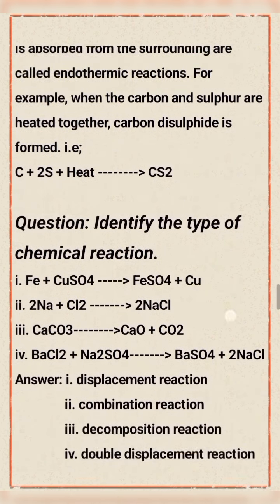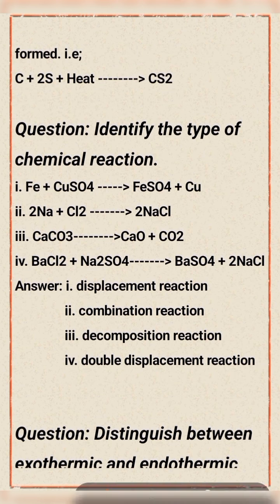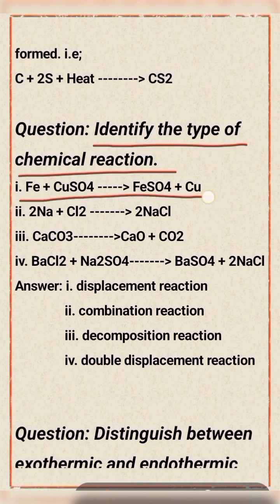Okay. Next question type, identify the types of chemical reaction. Number 1: Fe, iron, plus CuSO4, copper sulfate, forms ferrous sulfate, FeSO4, plus Cu, copper.